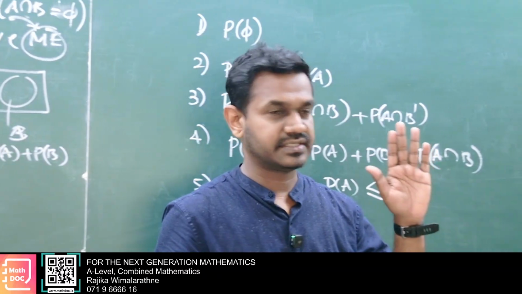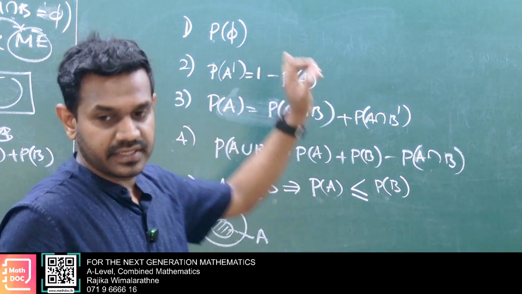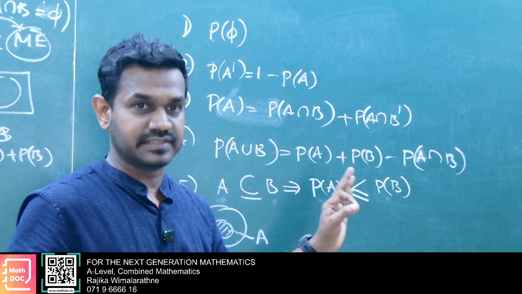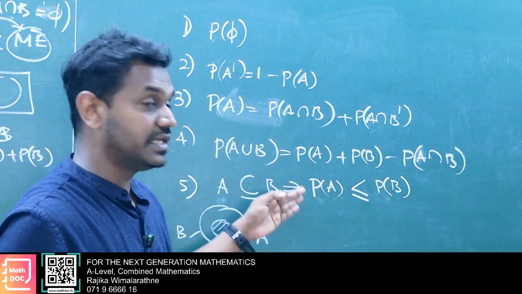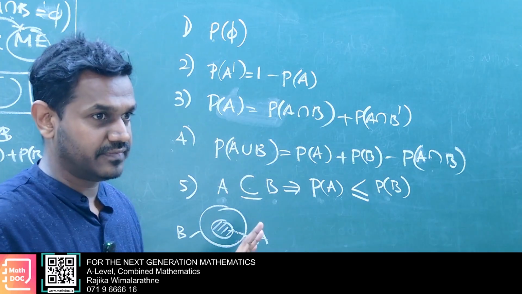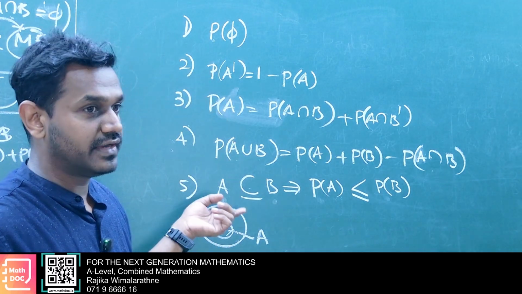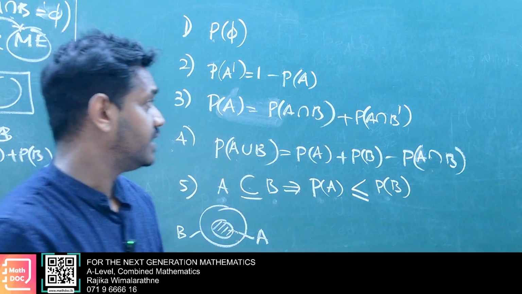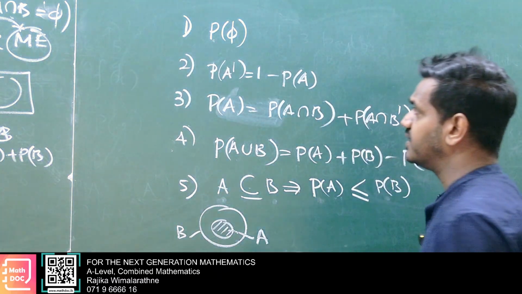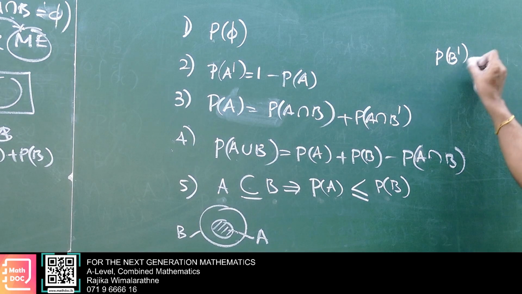First analyze. You can directly take these theorems as well, but these theorems are based on the axioms, and they are always directly applicable. So similarly, if you need to get P(B dash), you directly write 1 minus P(B).